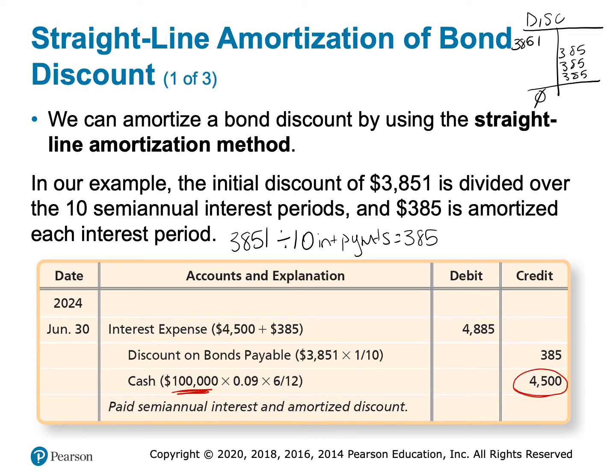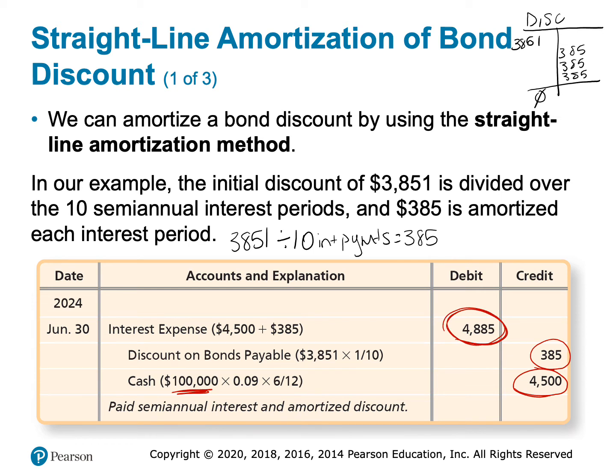We've just said we're going to credit the discount to reduce it by 385. I know I have to debit interest expense, so my debit to interest expense is going to be for the total of what I have to pay plus the discount that I'm amortizing. So since debits have to equal credits, the interest expense is the $4,885. It's the total of the two.